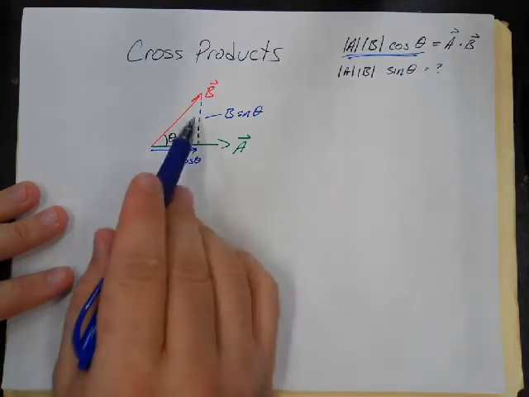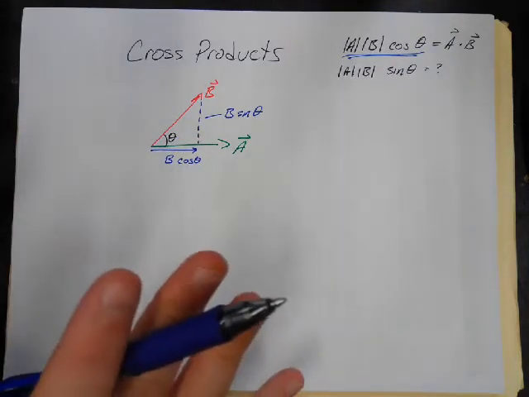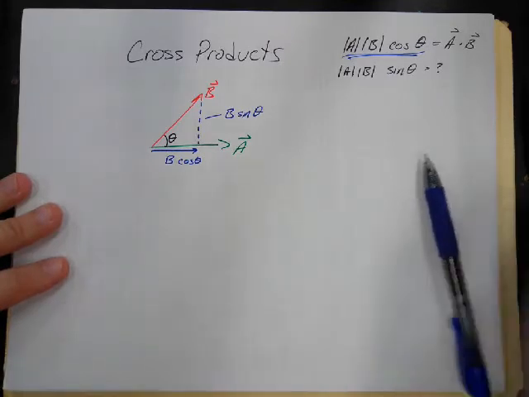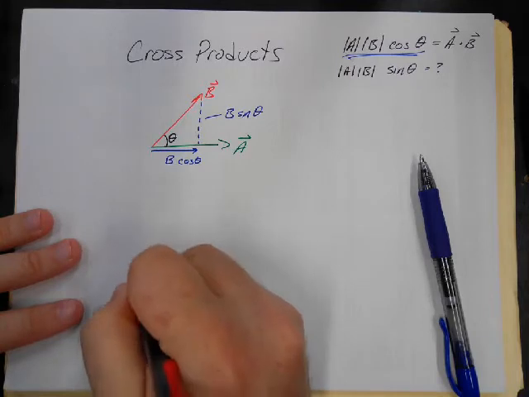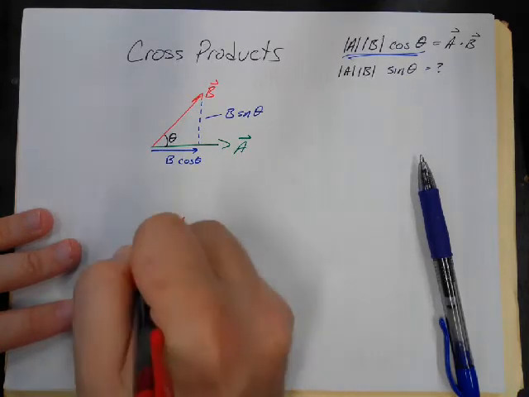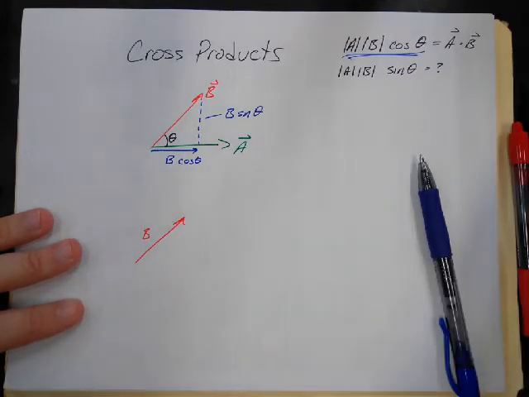So I still have two vectors, and they're kind of spread out a bit. And I'm going to redraw these. All right, so I'm going to draw B in. And I'm going to draw A in.